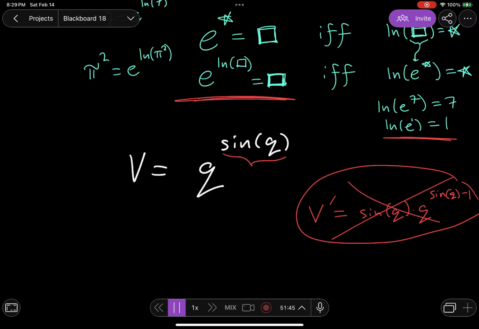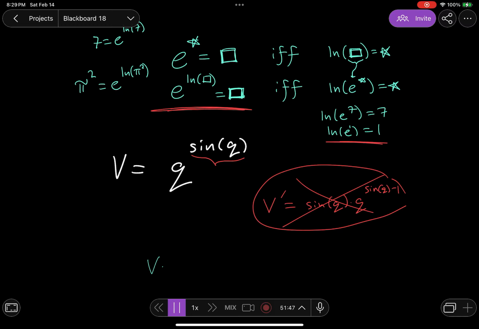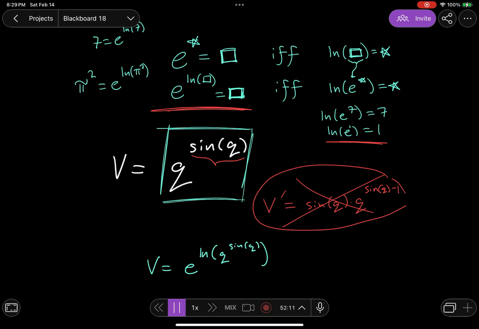What we can do is rewrite v as e to the power of the natural log of q to the power of the sine of q. Again, this is my square. So I can write it like this: square is equal to e to the natural log of square.